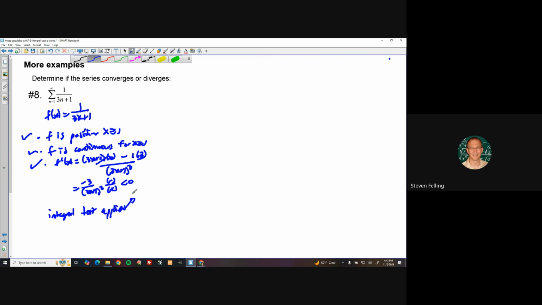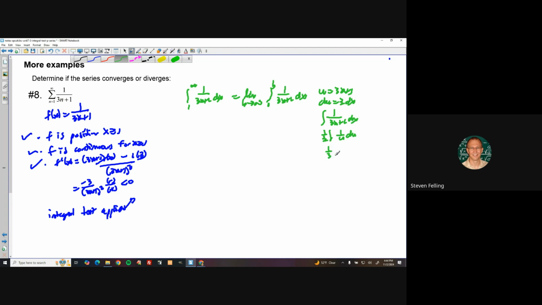And now we'll use it. So we make an integral from 1 to infinity of 1 over 3x plus 1. Make it proper: limit as b approaches infinity of the integral from 1 to b of 1 over 3x plus 1. A little u substitution: u is 3x plus 1, so du is 3dx. So this becomes, for the definite integral, 1 over u, but then the dx gets replaced with 1/3 du.